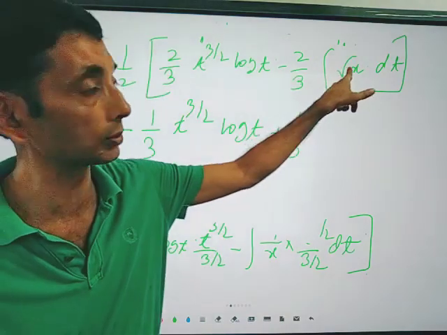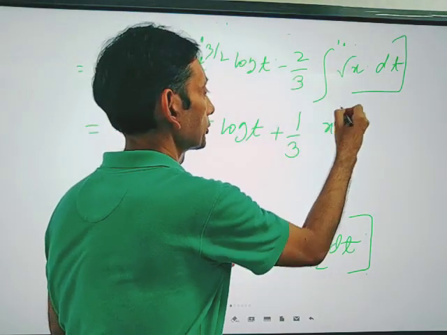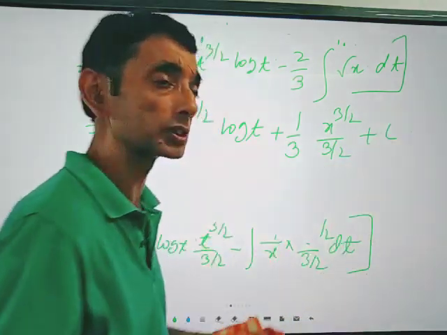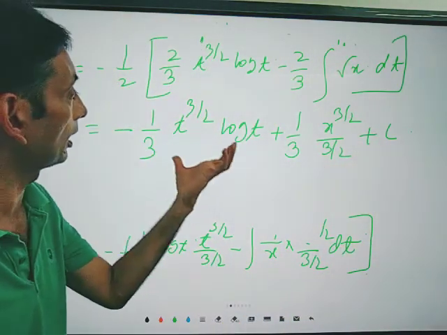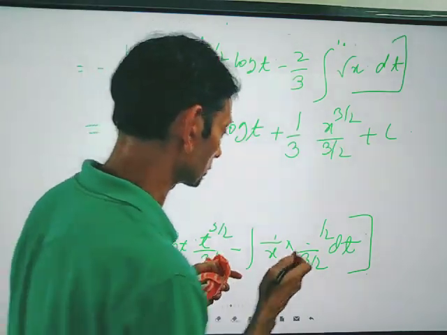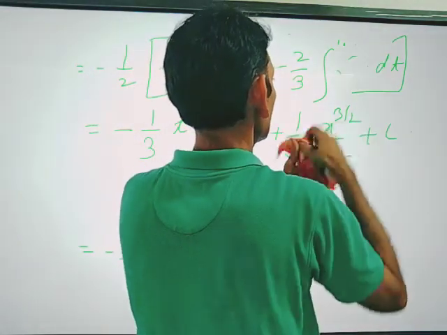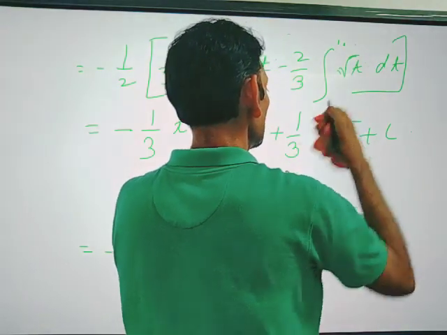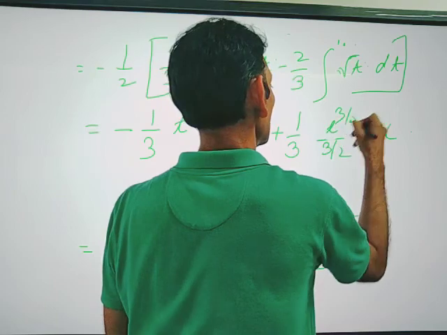So if we integrate root x, this will be x to the power 3 by 2 divided by 3 by 2. It's almost done. We need to only substitute the value. It's not root x, it has to be t, so this will be root t. So it should be t to the power 3 by 2.